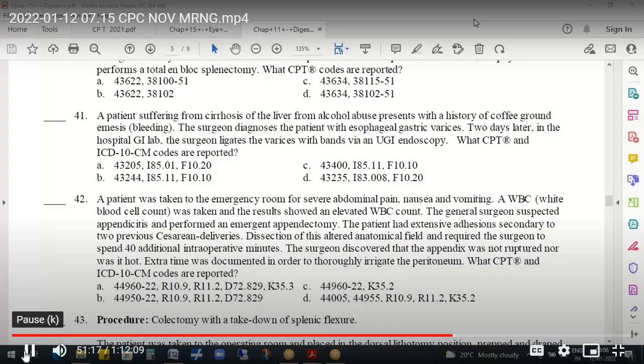That means incarcerated, strangulated, etc.